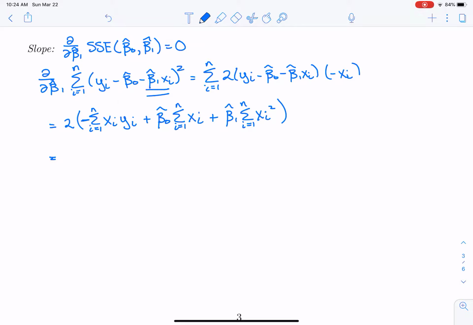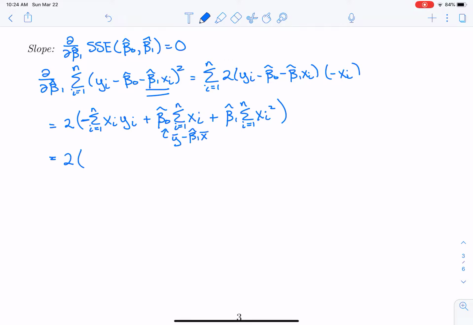So I want to see if I can simplify this. I want to find where both derivatives are equal to 0. So I'm going to substitute in for beta 0 here. Beta 0, as we saw previously, is going to be y bar minus beta 1 hat x bar.